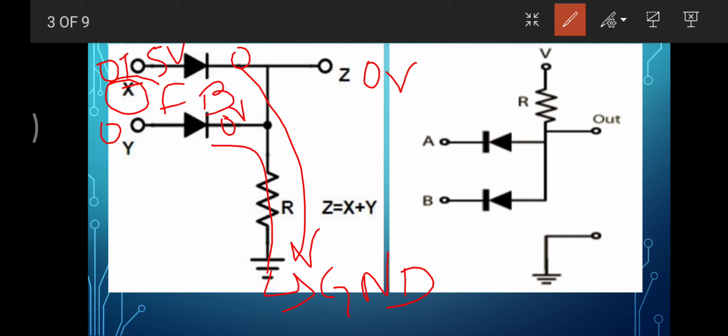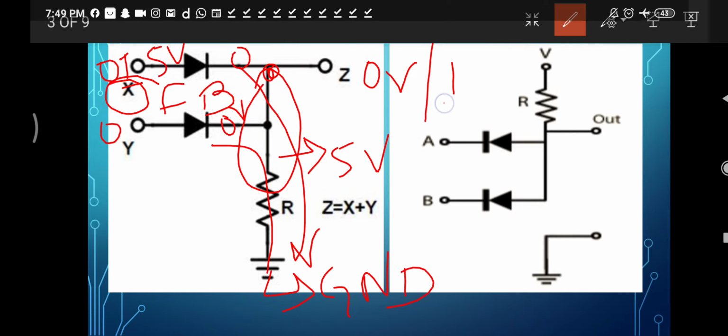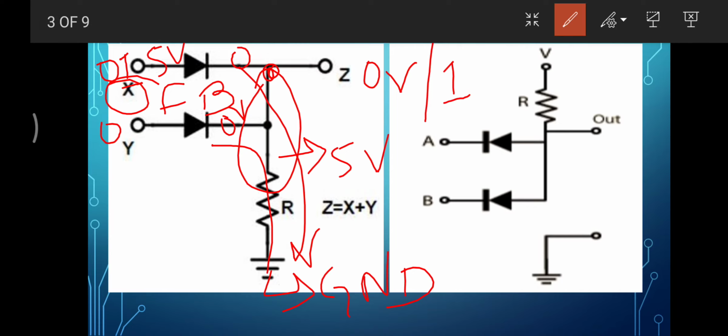As it is forward biased, the voltage going to appear at this side of the resistor is 5 volt. Now in this scenario, what we can see, the output comes out to be 1.